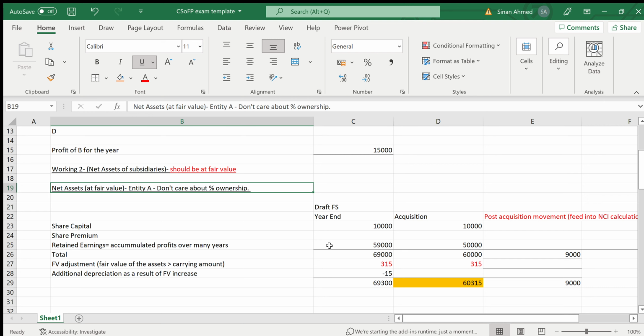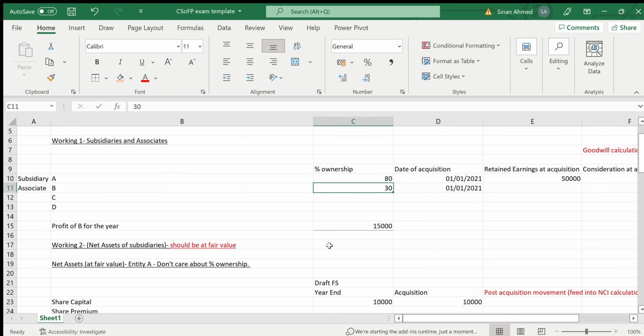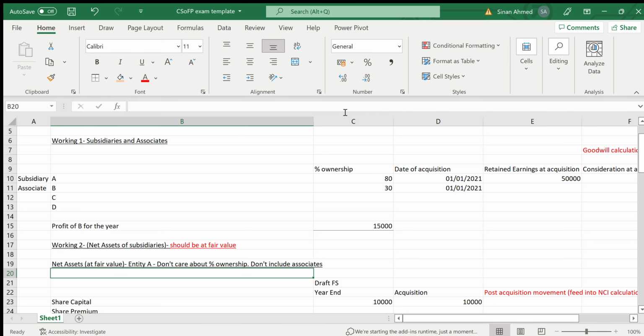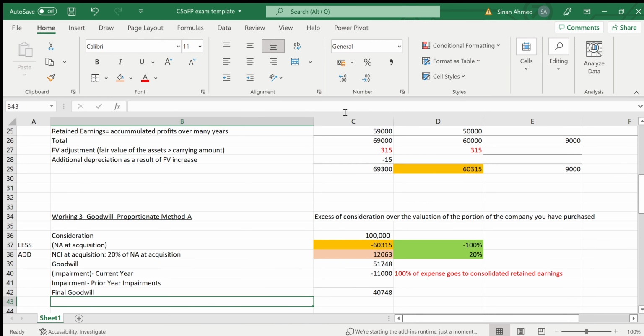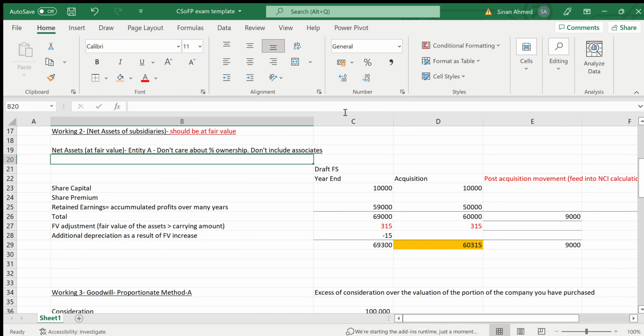And what I mean by that is we don't care if it's 80%. Okay? And B, and don't include associates, because associates we look at separately. So this is only to do with net assets, only to do with subsidiaries.